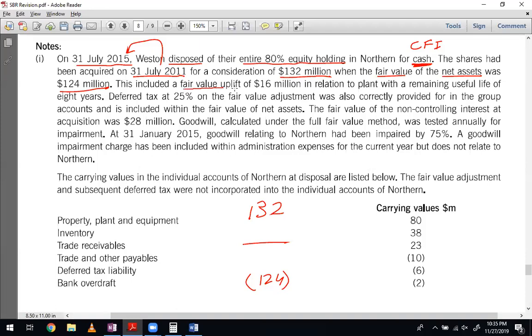This included a fair value uplift of $16 million in relation to plant, with a remaining useful life of 8 years. So 16 million divided by 8 years means 2 million depreciation every year.